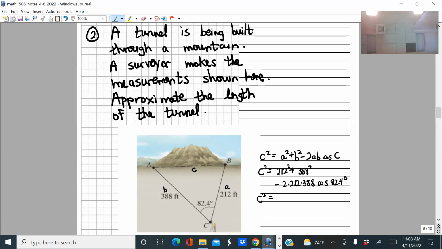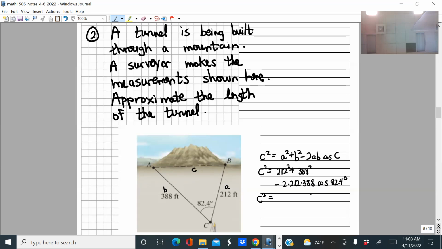Let's see what those calculations are. So what is C squared? Don't take the square root yet. If you take 212 squared plus 388 squared minus 2 times 212 times 388 times the cosine of 82.4 degrees, I'll do all that at once. What does that give you?